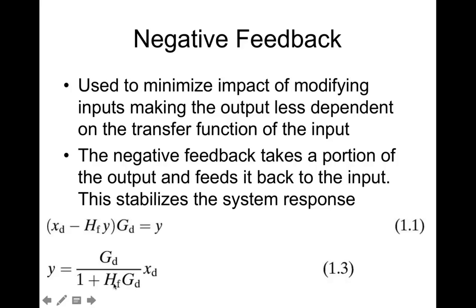And what that does is it takes this from being something that's very dependent on the value of g sub d to something that's not so dependent on the value of g sub d. And that tends to stabilize your system response so you can have external inputs that are modified or minimized in the feedback loop.